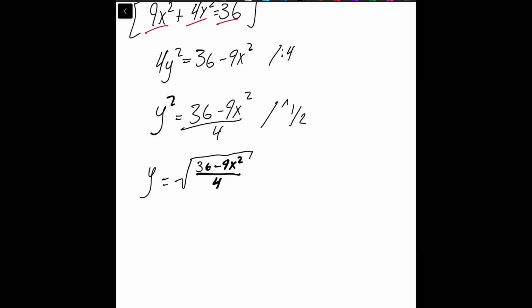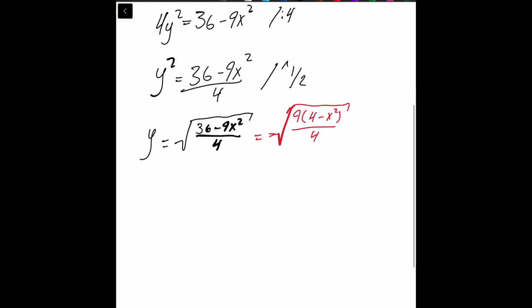Okay, because 9 is a factor of 36, I'm going to pull out a 9, leaving me with 4 minus x squared over 4. Actually, what I'm going to do is go one step further and pull out another 4 from here.